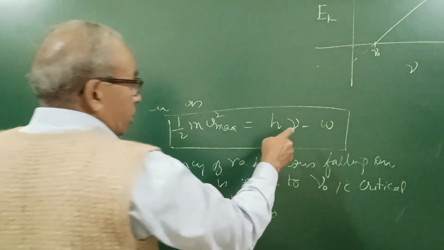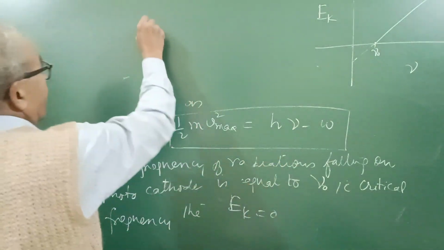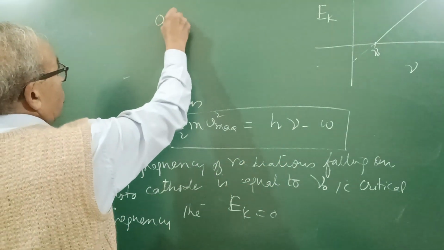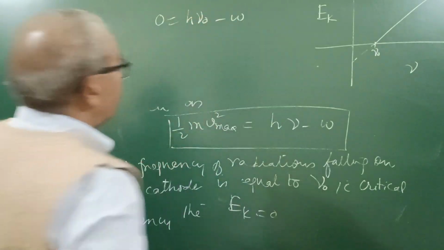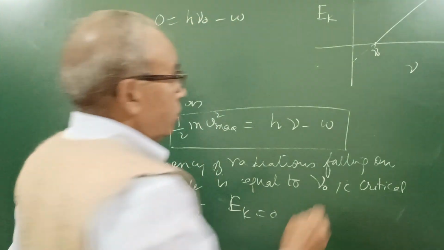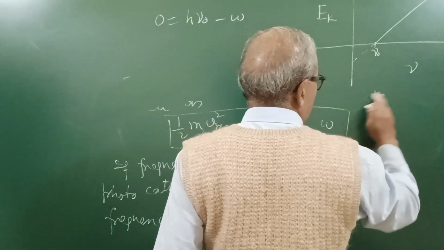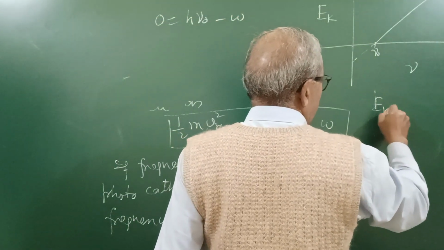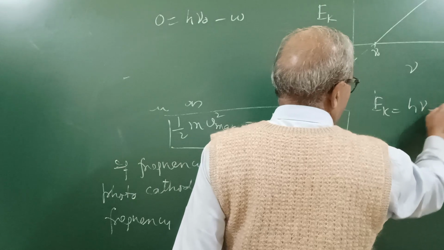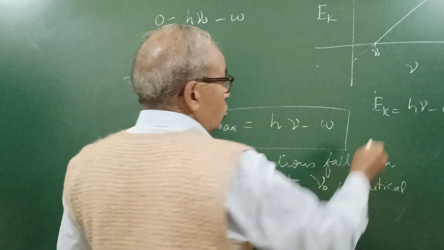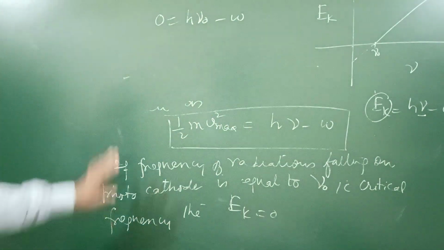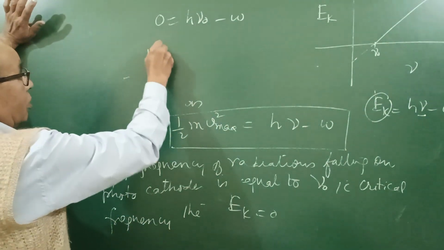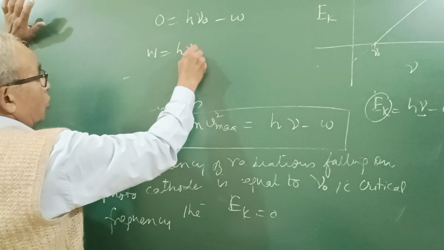So using nu equal to nu 0, we get 0 equal to h nu 0 in equation 1. Equation 1 is Ek equal to h nu minus w. Using Ek 0, nu equal to nu 0, we get this. Or from here w equal to h nu 0.